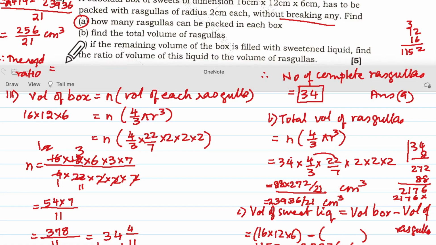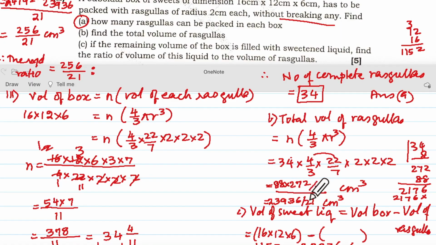Volume of this liquid is, don't make it into decimal, okay? 256 upon 21 is to the volume of rasgullas. How much was the volume of rasgullas? 23936 upon 21.